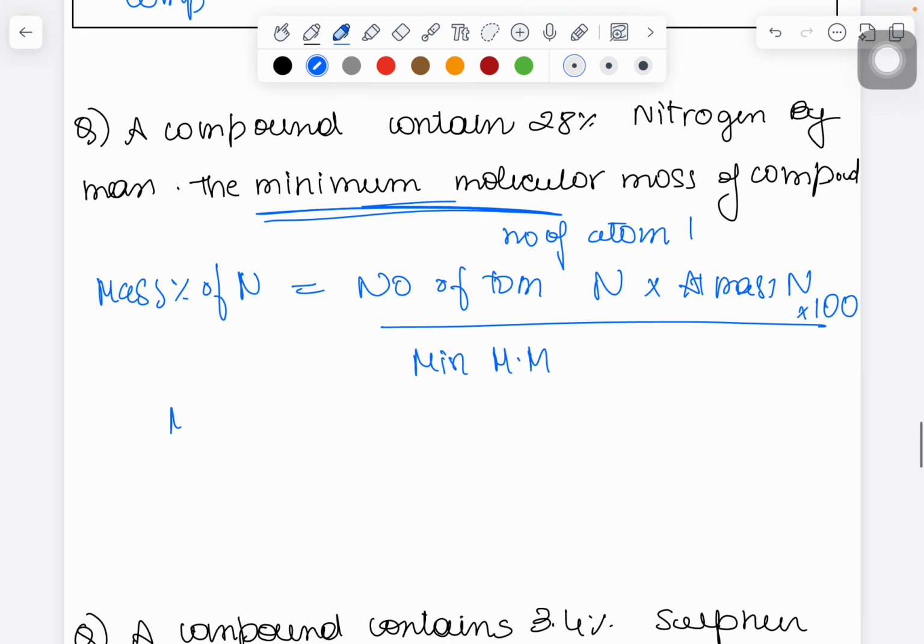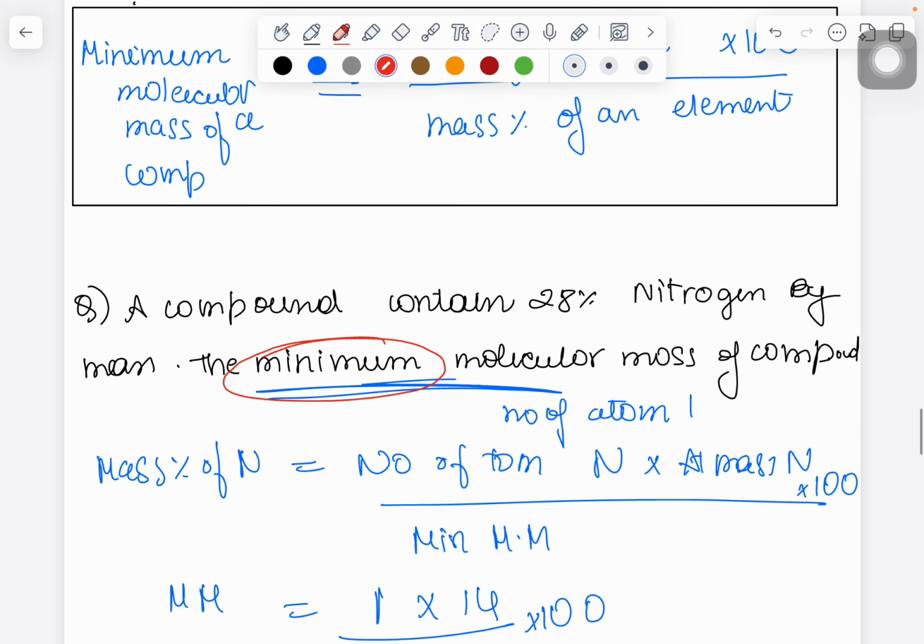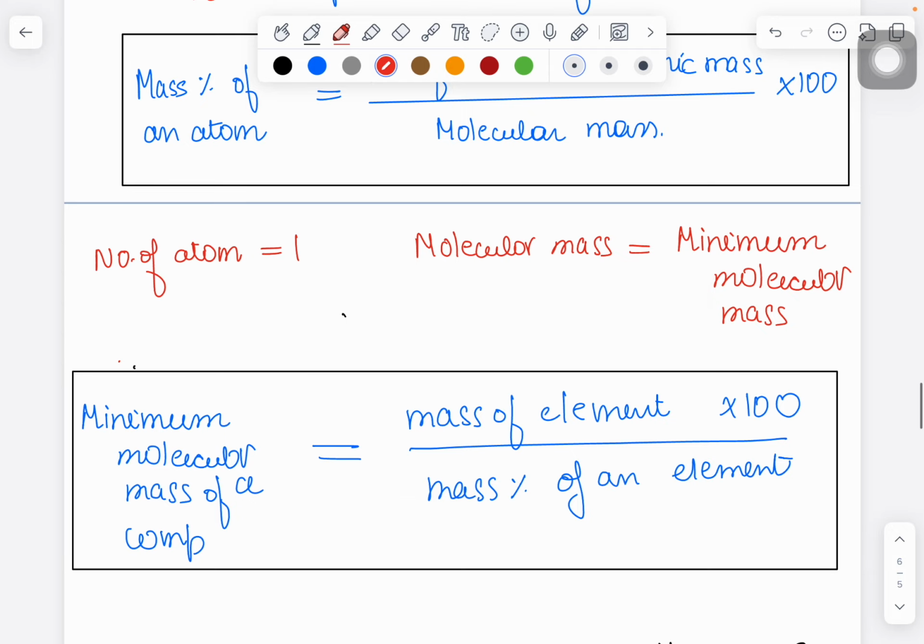If you solve, the number of atoms we take as 1, into atomic mass 14, divided by the minimum molecular mass, and the mass percentage of nitrogen is 28, into 100. So the minimum molecular mass of the compound is 50. If minimum molecular mass is there, always take the number of atoms as 1.